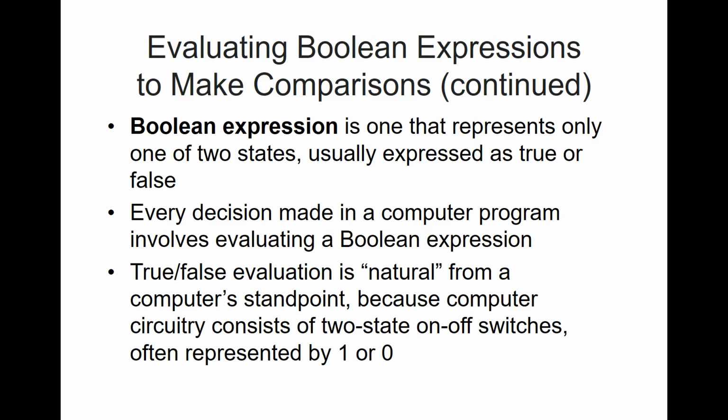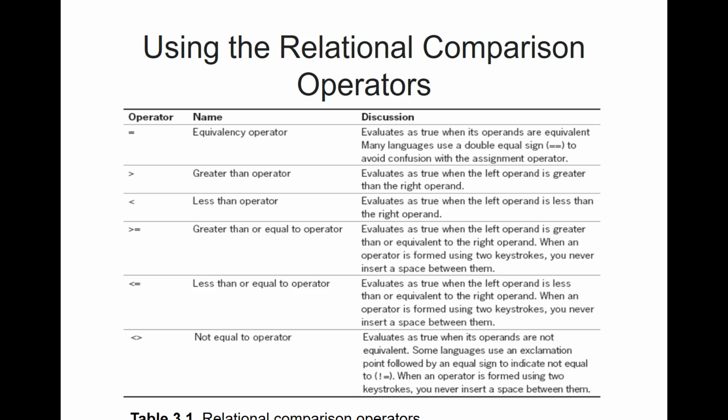Because our computer can only do zeros or ones, those true-falses are kind of our natural form of evaluation. Now, we have some trickier pieces we're going to get to here, because unfortunately the world isn't always just a true-false equation. But we have some other ones we want to do.